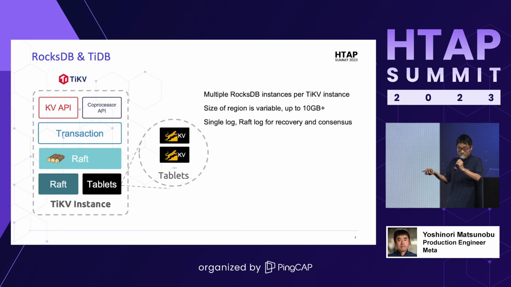Each RocksDB database is relatively small, about 10 gigabytes. So essentially, the backend data files are RocksDB, and that plays a pretty important role for the TiDB database. That's why I'm talking here today.